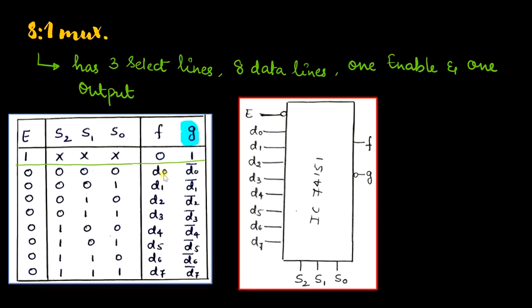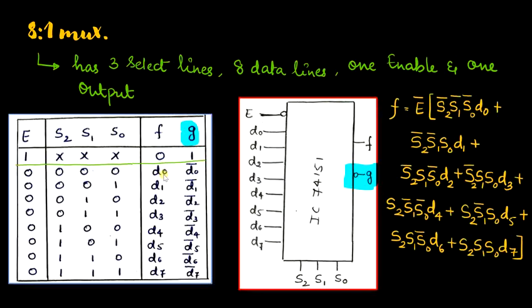So let us write the expression for the function f in terms of the SOP. Here we can write this as E bar, I have considered E bar in general because that is the case for all the select inputs, and we have different combinations of the select inputs.